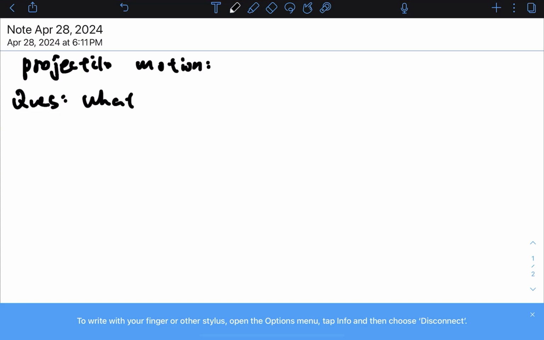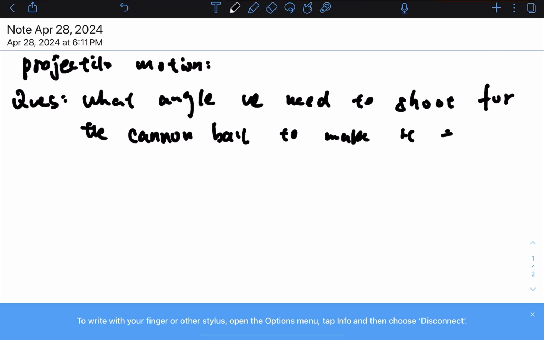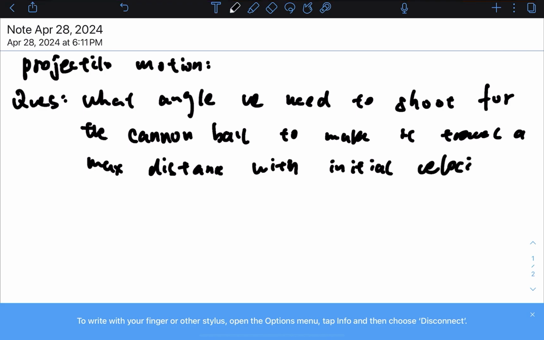What angle do we need to shoot the cannonball to make it travel a maximum distance with initial velocity v0? So this is the question we're going to talk about.